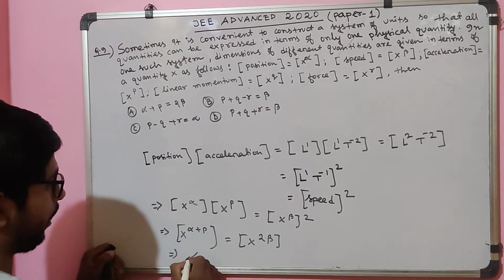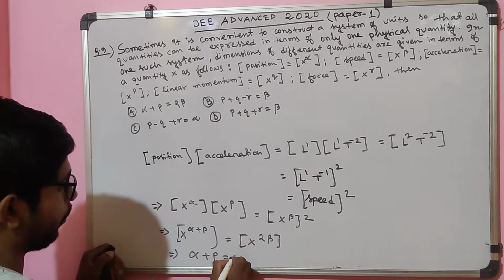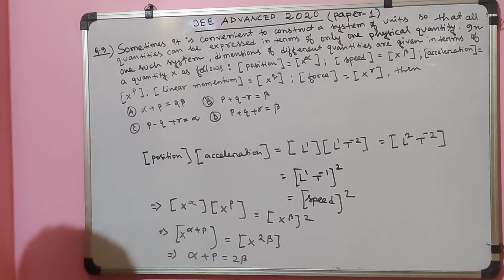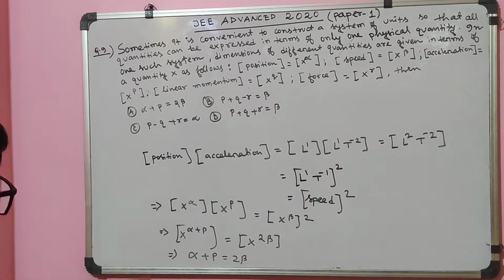So we can write alpha plus p equal to 2 beta. We see that option A is a correct option.